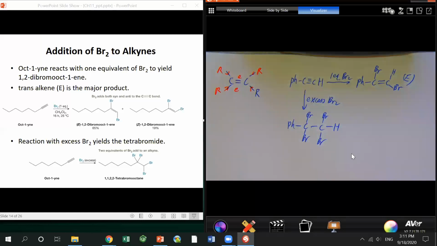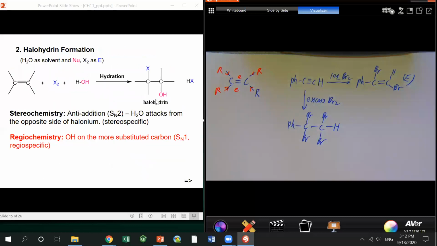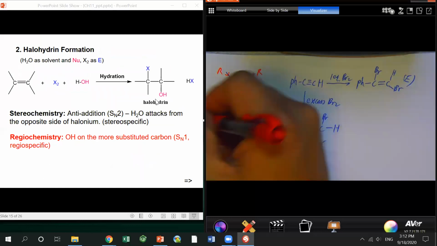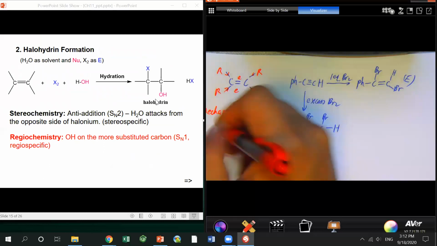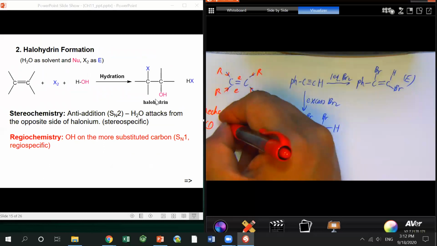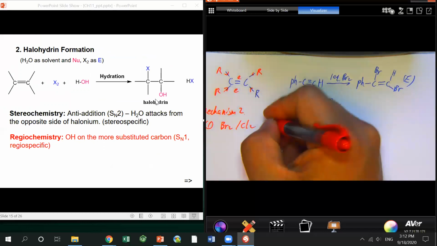All right, and then we move to the next, a little bit harder reaction, the halohydrin reaction. Under mechanism 2, we already learned the addition of halogen, meaning Br2 and also Cl2.